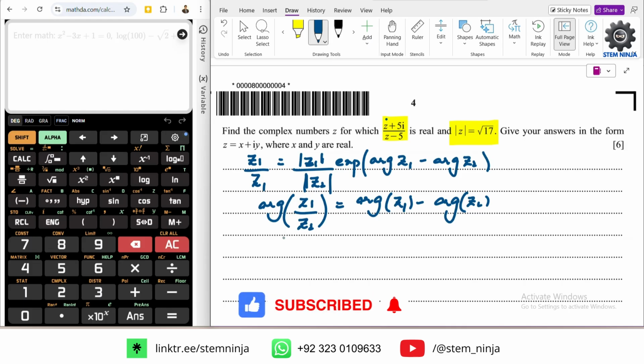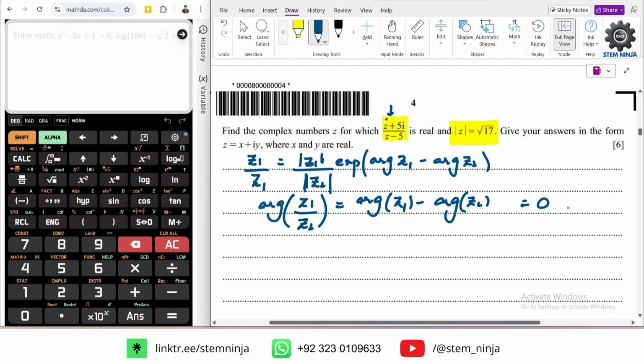Now, if z1 over z2 is real, that means the difference of their arguments will be 0, so either it's 0 or n pi, where n is basically an integer.